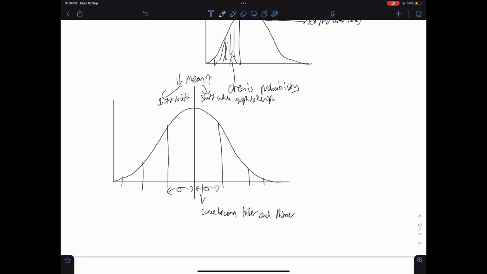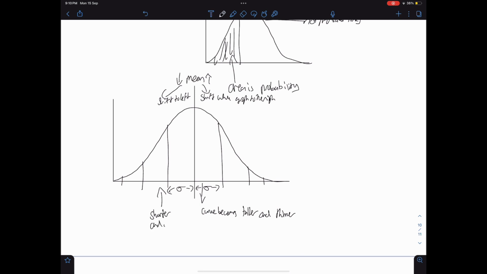And then in the opposite, if you increase the standard deviation, then the peak is lower, and it's more spread out.